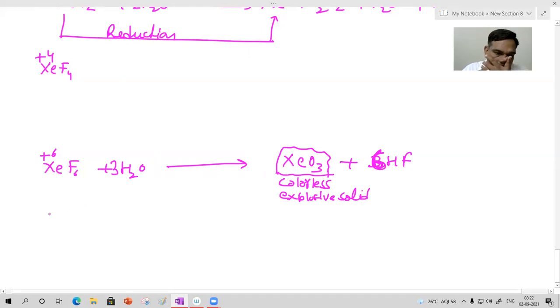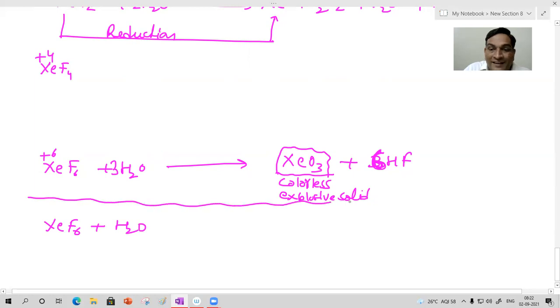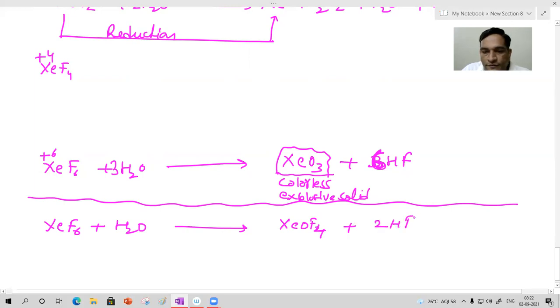Now, another question is, my dear, XeF6 plus 1 mole of H2O. We are discussing the mechanism. 2 fluorine are replaced by 1 oxygen, XeOF4 plus 2HF. Now again, XeOF4 plus H2O, again 2 fluorine are replaced by 1 oxygen.